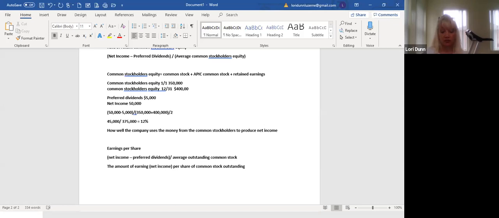So if we go back to our example, we have net income was 50. Preferred dividends, PD, were 5. And let's say the average common stock outstanding is 30,000 shares.